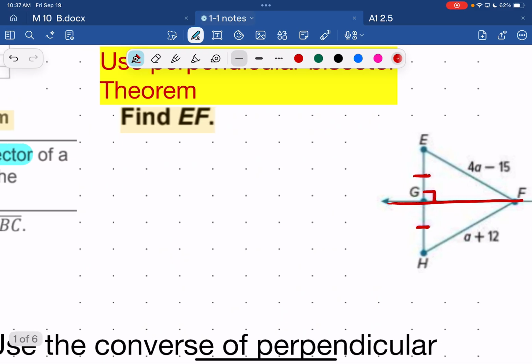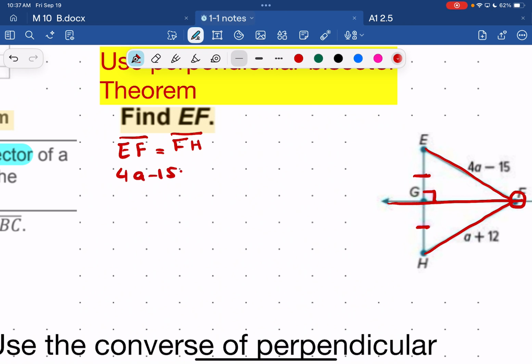So we know that FG is a perpendicular bisector. That would mean that F would be equidistant from E and from H. In other words, the length of EF would be equal to the length of FH.